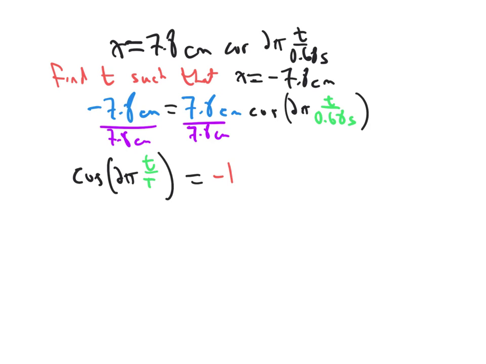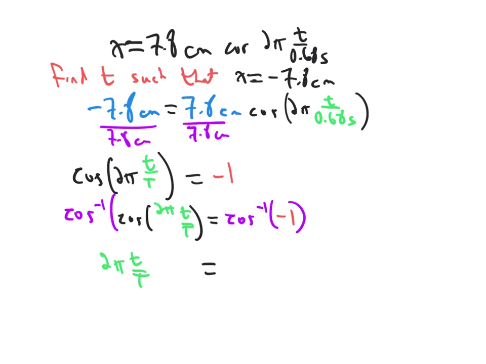So the way we handle this, as always, is we want to get rid of the cosine, and the way you get rid of a cosine is by applying the inverse cosine. In so doing, we end up getting rid of the cosine entirely, and we have on the left just 2 pi little t over big T. But we also know that there's only one commandment in algebra: whatever ye shall do to the one side, so ye shall do to the other side. So I have to apply the inverse cosine on the other side.